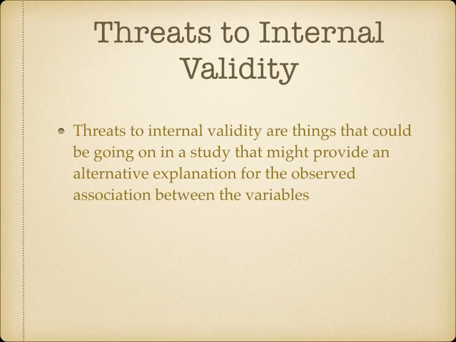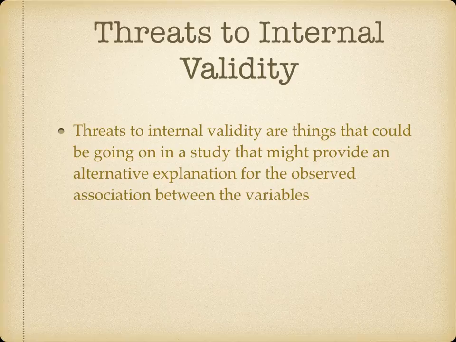Threats to internal validity are things that could be going on in a study that might provide an alternative explanation for the observed association between the variables. And this is very important: it is the observed association that can be alternatively explained.